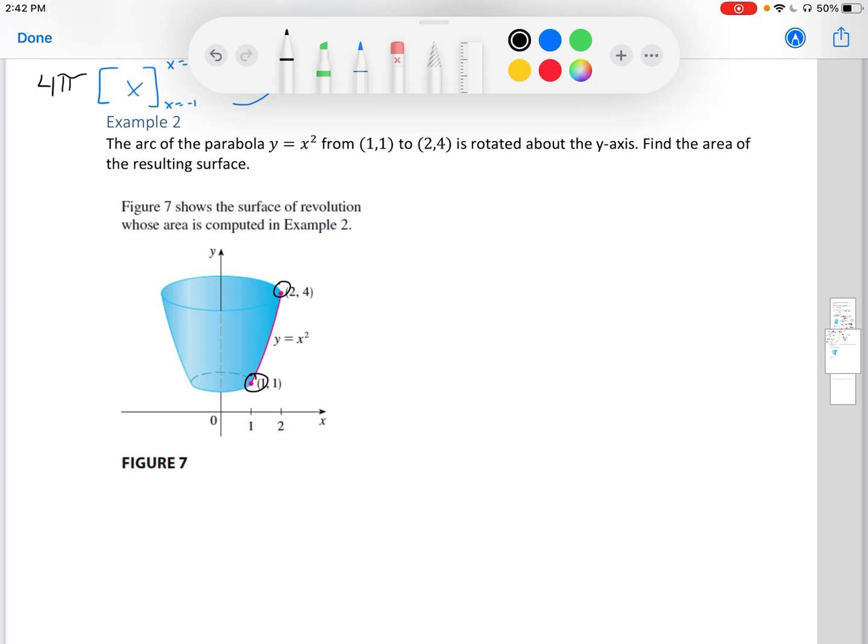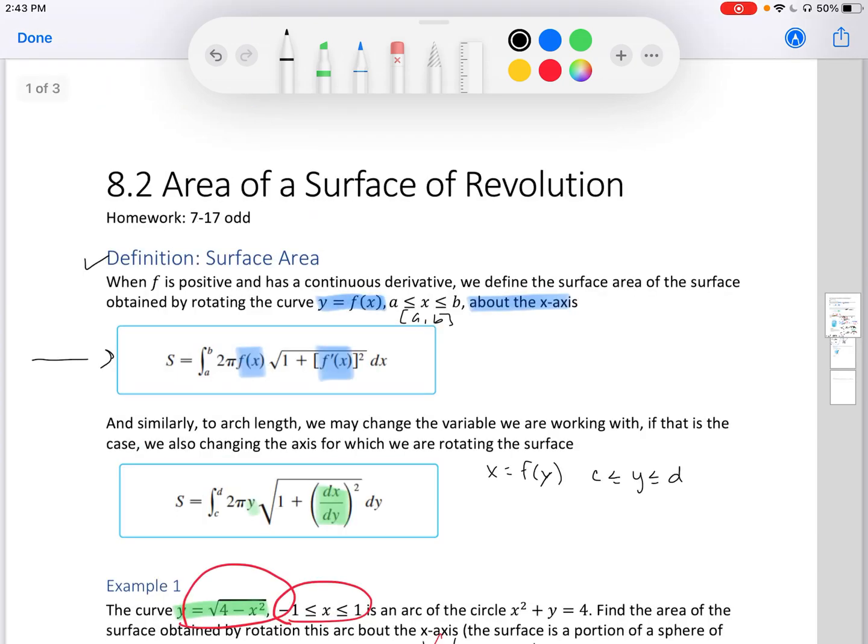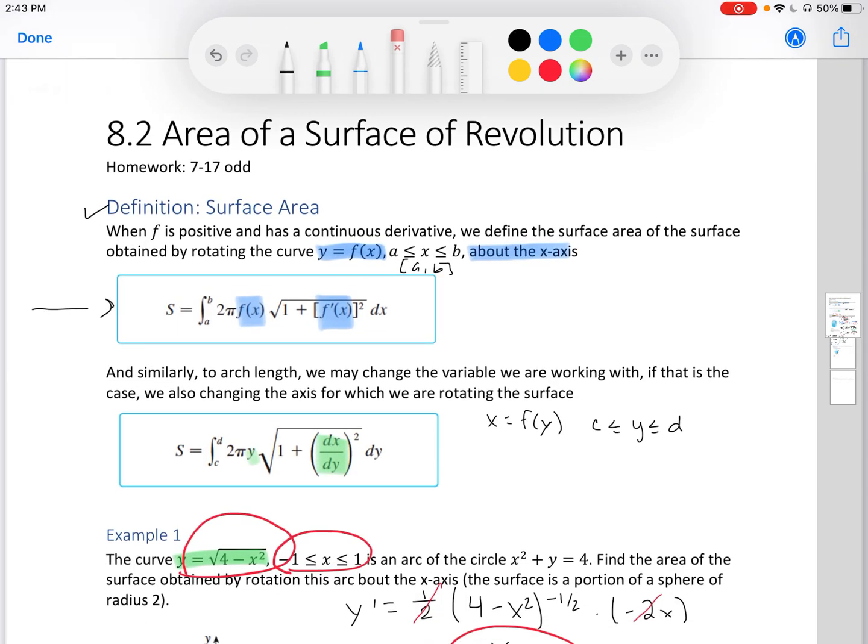All right, so we have options. Let's go back to our beginning formulas. We saw that we have options. We can rotate along our x-axis or y-axis, and all it does is change our arguments. We can solve for y so everything is in terms of x, I know it sounds weird, right?